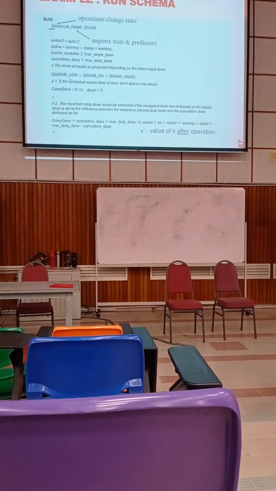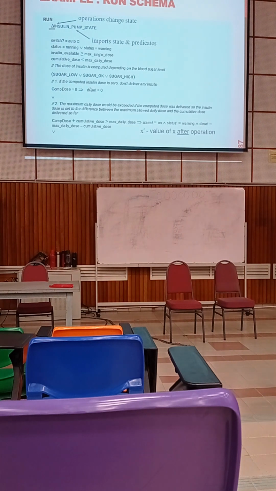Then you see this one: sugar low was union, sugar okay, union, sugar high. This one is the cumulative dose, daily. What is the meaning of this line? Who can tell me? This one, comp dose equals 0 to dose not equals 0. So what's the meaning?